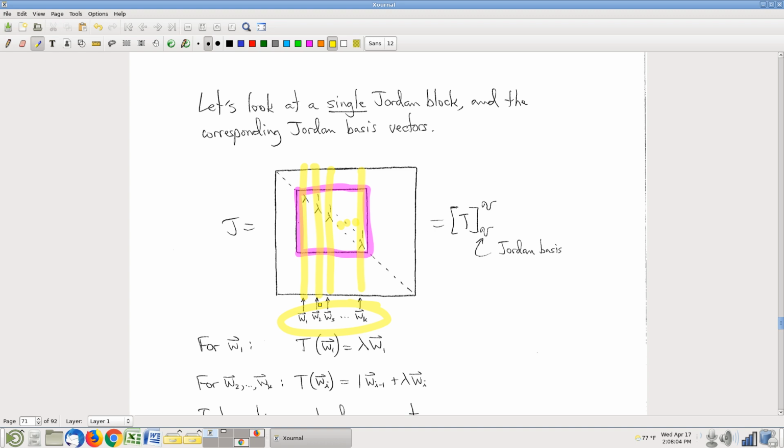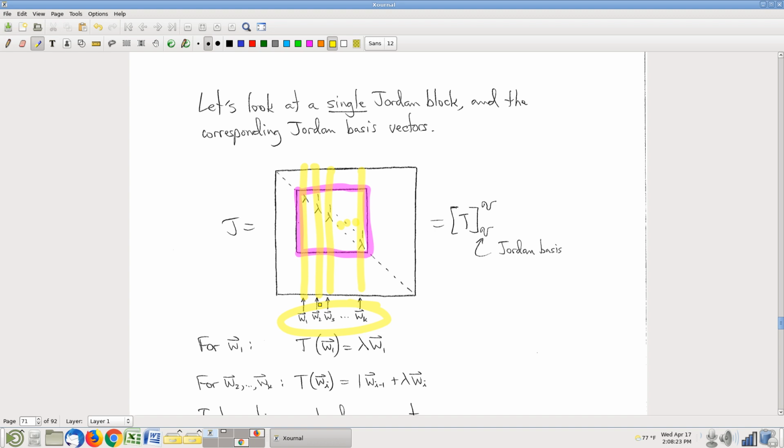Now these are just the basis vectors that correspond to the columns that correspond to that block. So not the whole list of Jordan basis vectors, just the ones that correspond to columns that correspond to that Jordan block. And we know that's what that Jordan block looks like.